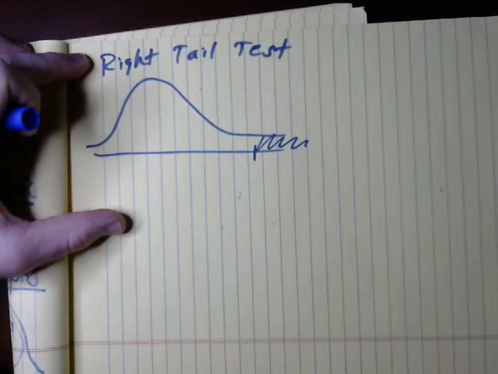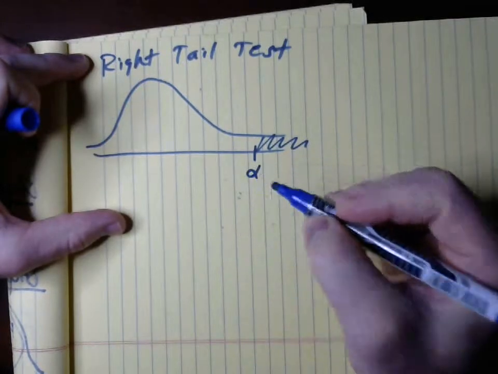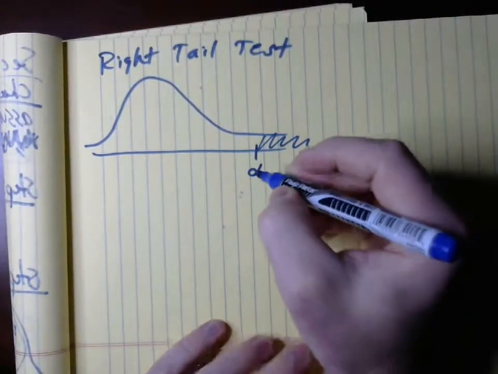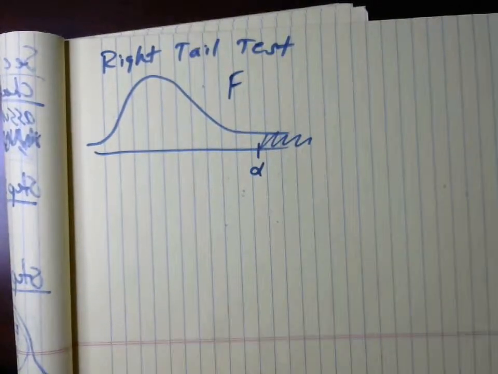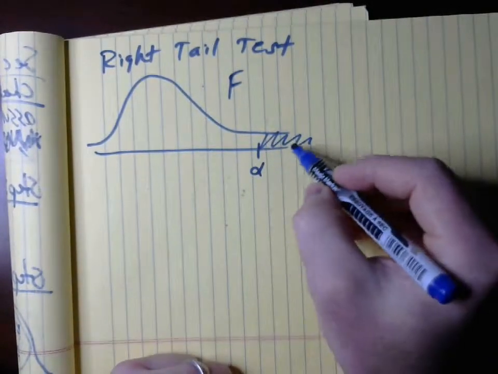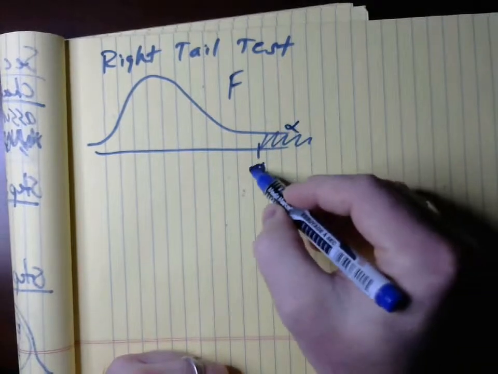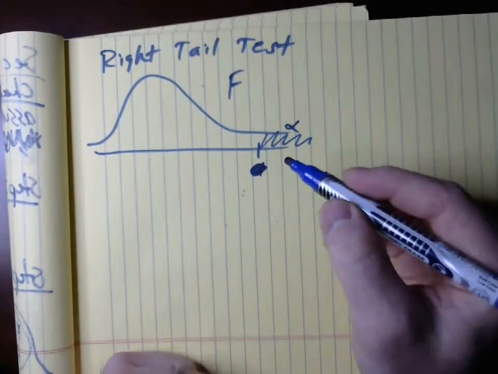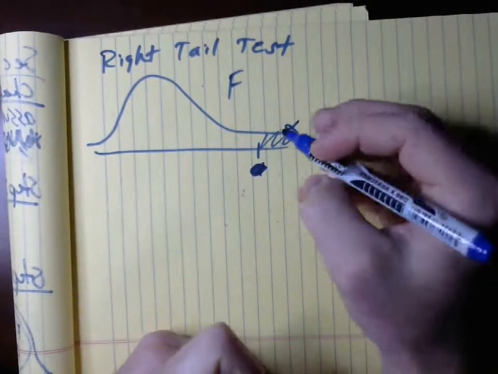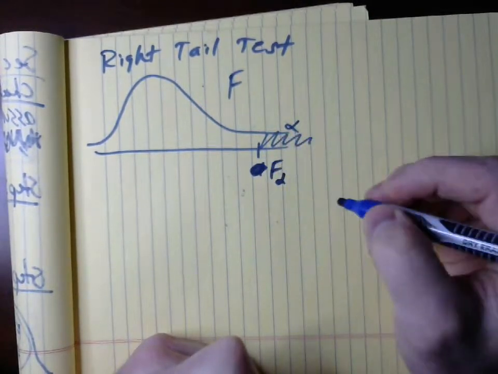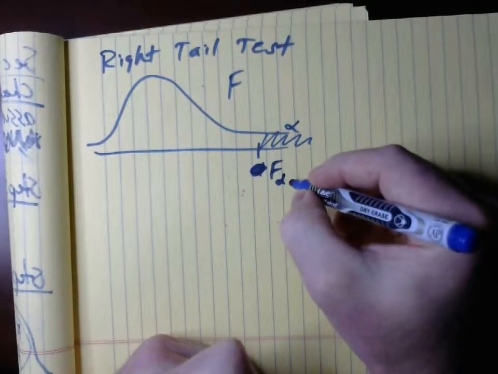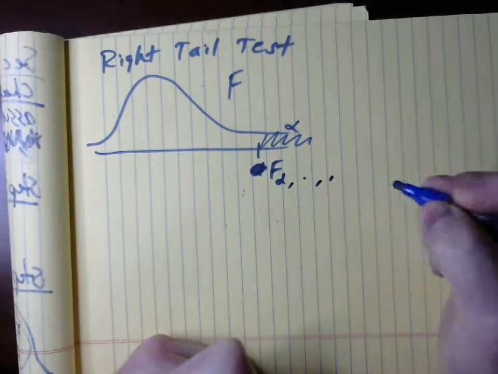So we're going to be dealing with alpha because that's the area to the right for an F distribution, right? An F distribution deals with area to the right, so that would represent alpha right here. So the value here would be F sub alpha.